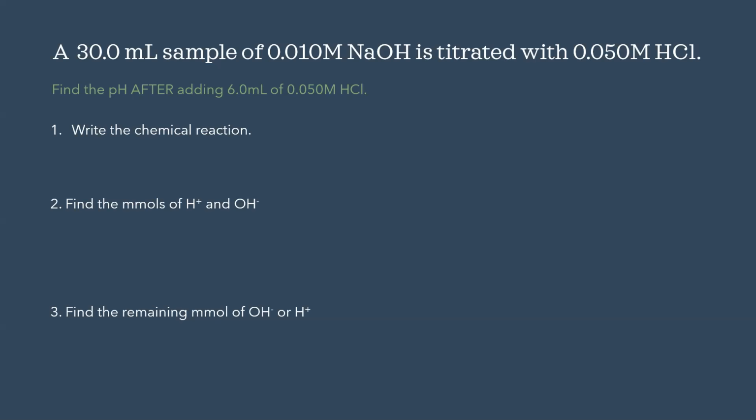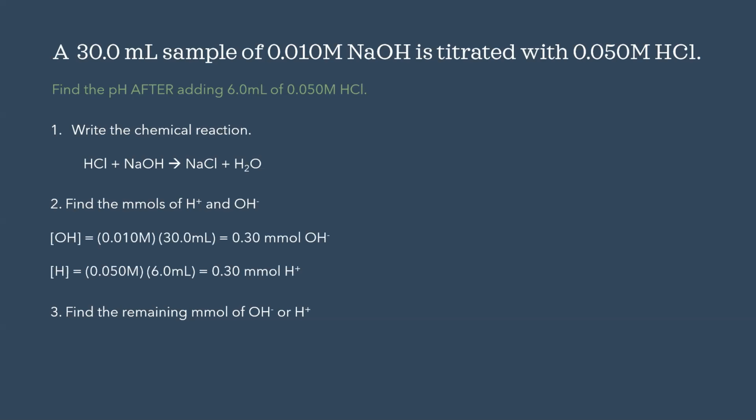Our third example involves the addition of 6 milliliters of HCl to the NaOH. The first step is to write the chemical reaction, which we have previously done. The second step, as before, is to find the millimoles of hydronium and hydroxide using the molarity and volume.